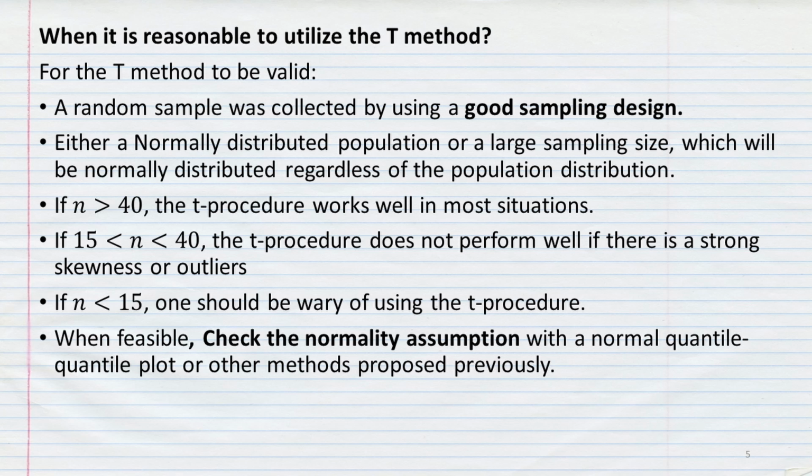If n is between 15 and 40 samples, the t procedure does not perform well if there is a strong skewness or outliers. If n is less than 15, one should be wary of using the t procedure. When feasible, check the normality assumption with a normal quantile-quantile plot or other methods proposed previously in the textbook.